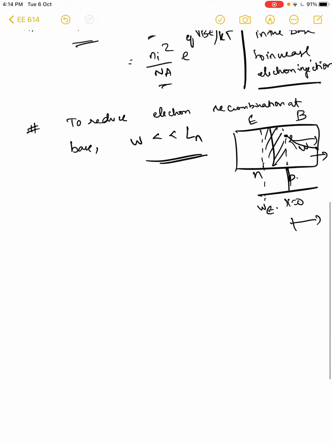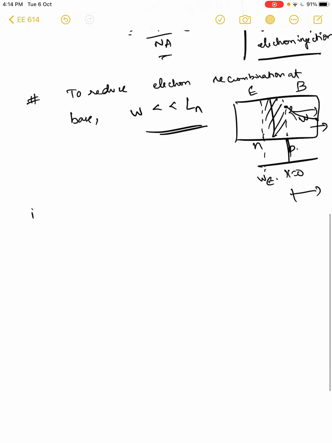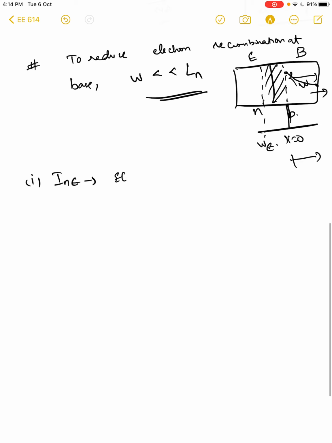So let us just list all the currents. First current that we have is INE. This is the electron injection from emitter, basically at x is equal to 0. What is the current injected into the electron? So this is INE.